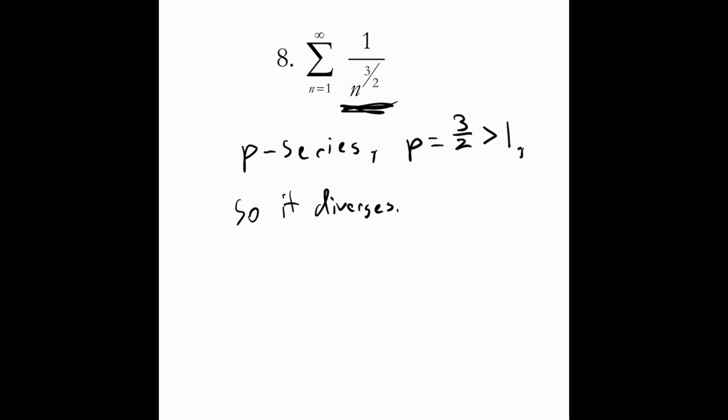Wait. No. Oh, I have it backwards. The p being greater than 1 means it converges. I will not edit that out because y'all need to see that I am still human. Ultimately, right that moment, let's check ourselves and make sure we remember how this is written. If p is greater than 1, then we converge. Excellent.